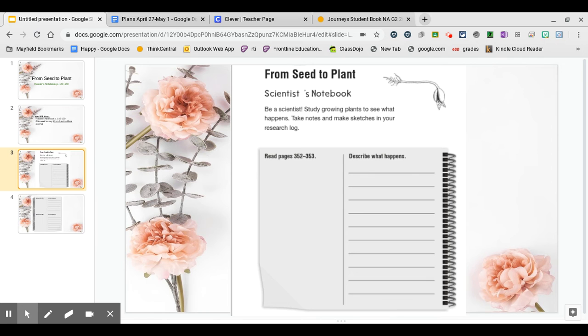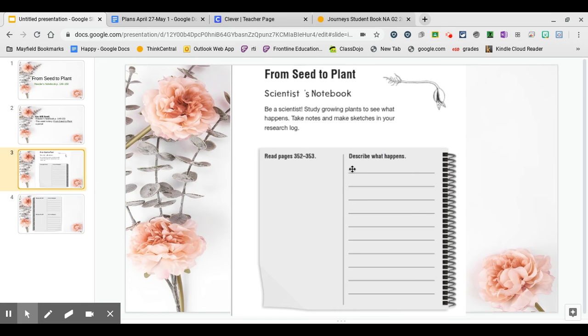Describe what happens. Well, they've given us an awful lot of lines here and kind of left it up to us as to what we should do, which kind of leaves us confused when we're in second grade. So, what they want us to do is be a scientist. Scientists can take notes. When we write notes, remember we use something called a bullet.